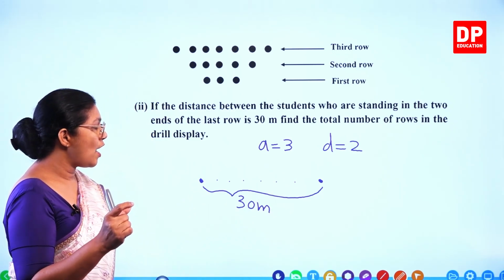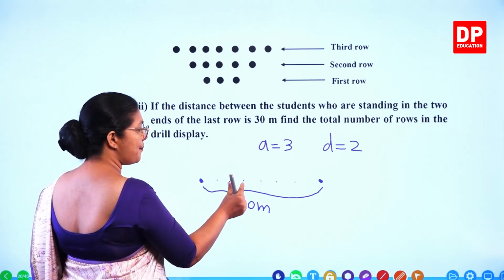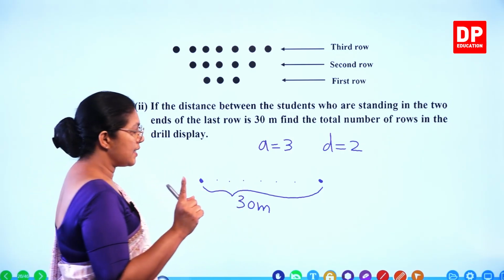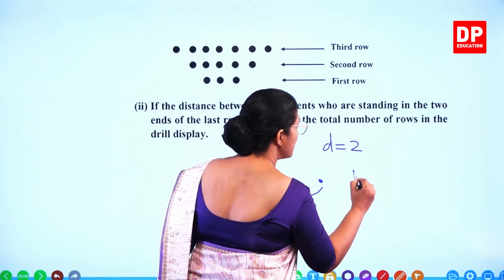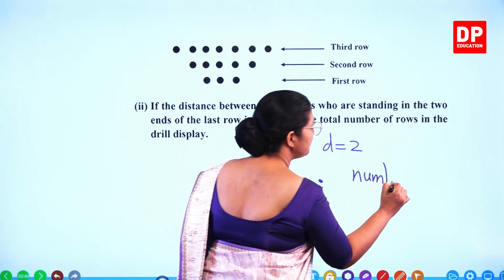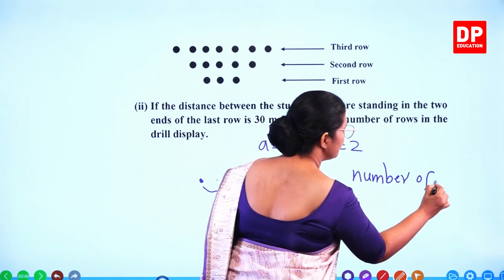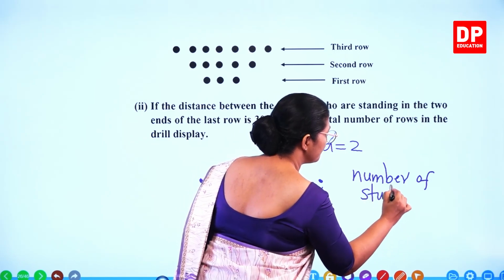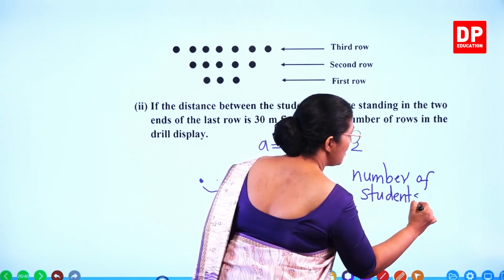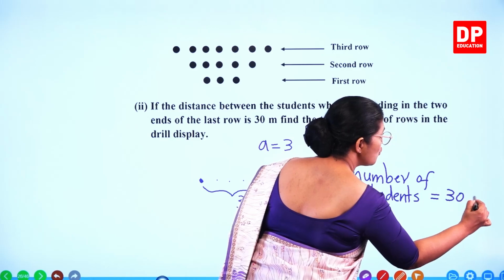So how do you find how many students there are? You have to add 1 to that. So the number of students becomes 30 plus 1. 31 students are there.